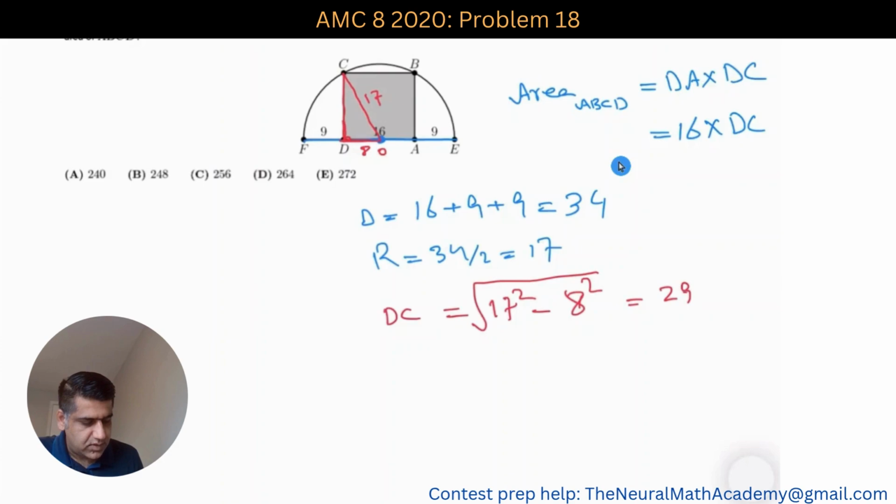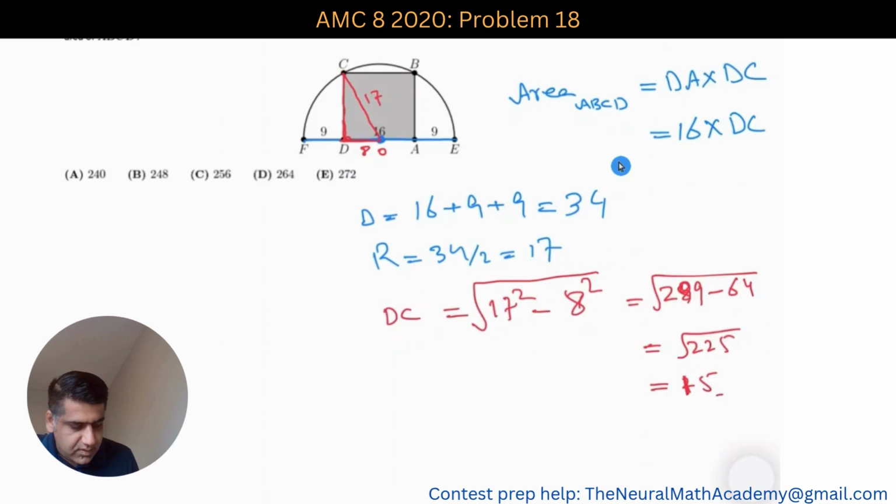Then we would simply get 289 minus 64, and that is 225, whose square root is 15. And this length, if I write it, is 15. So now I can plug this length here and solve for the area, and if I multiply I get 240, and that is the answer for this question.